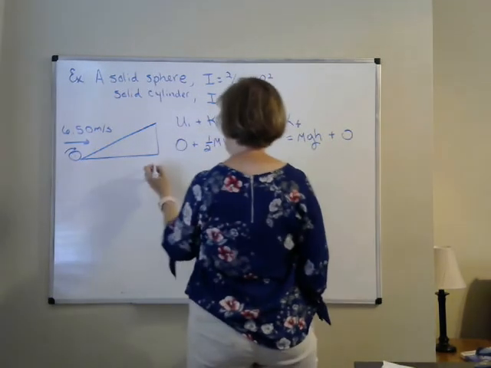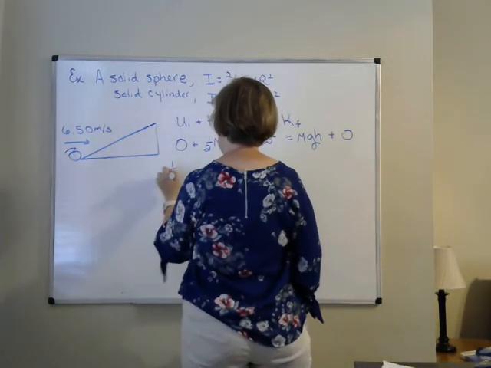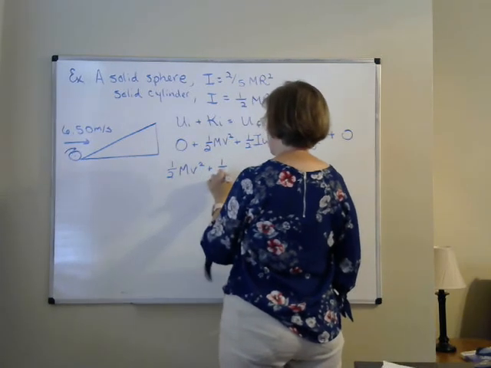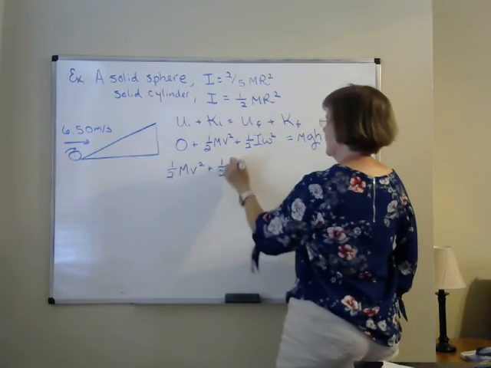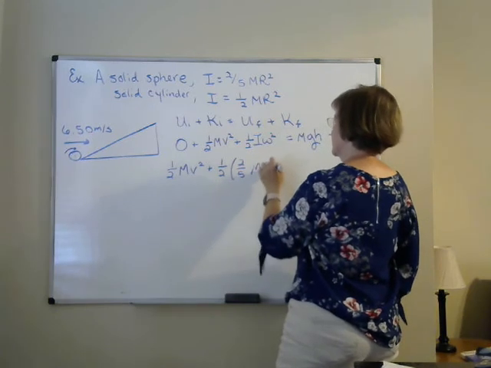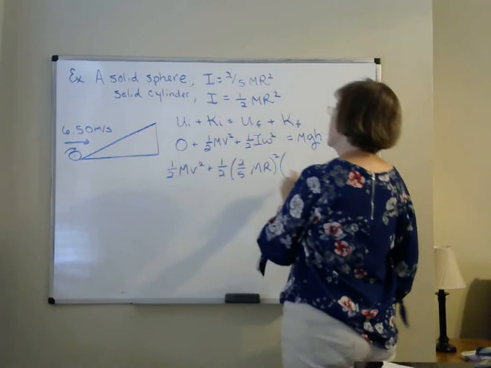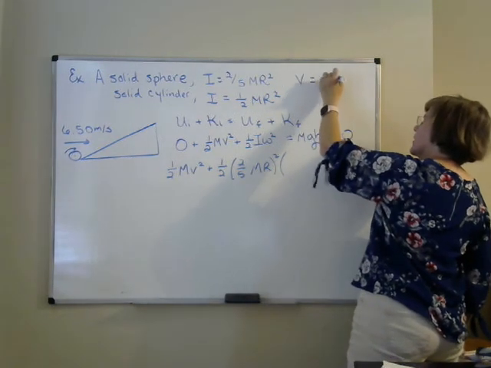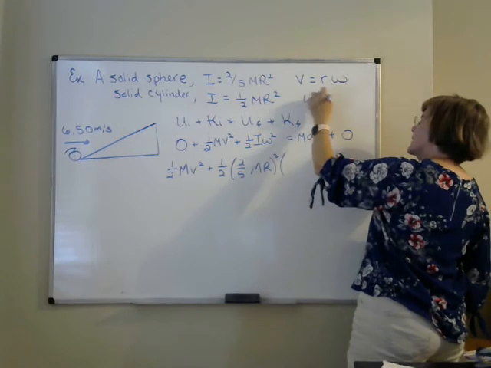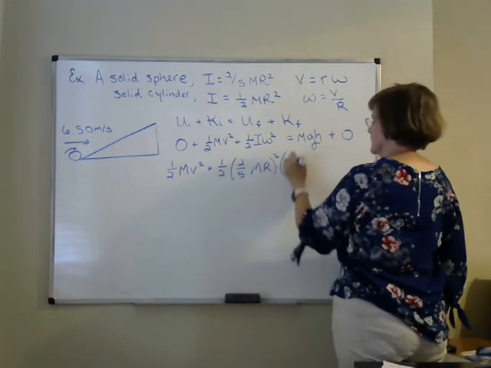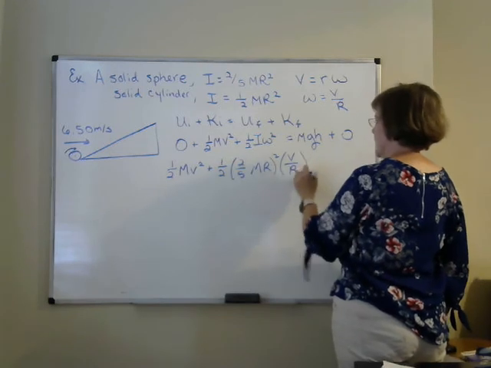0, we have 1/2 mv squared, 1/2 I is 2/5 mr squared. Omega, we still use that same relation. V is r omega. Omega is v over r, and it is squared.